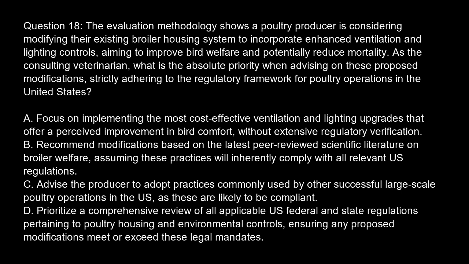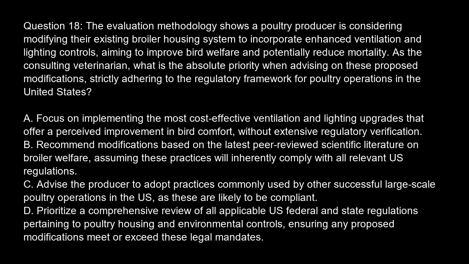Option A. Focus on implementing the most cost-effective ventilation and lighting upgrades that offer a perceived improvement in bird comfort without extensive regulatory verification. Option B. Recommend modifications based on the latest peer-reviewed scientific literature on broiler welfare, assuming these practices will inherently comply with all relevant U.S. regulations.